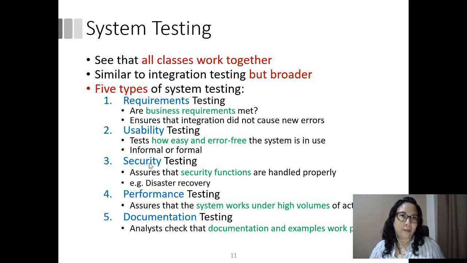Usually the security test is to prove the regression. Okay, regression means that we want to prove that if, for example, I put the wrong login ID, then the system should block me, right? So we want to prove that when we do something wrong, the system also will react accordingly.